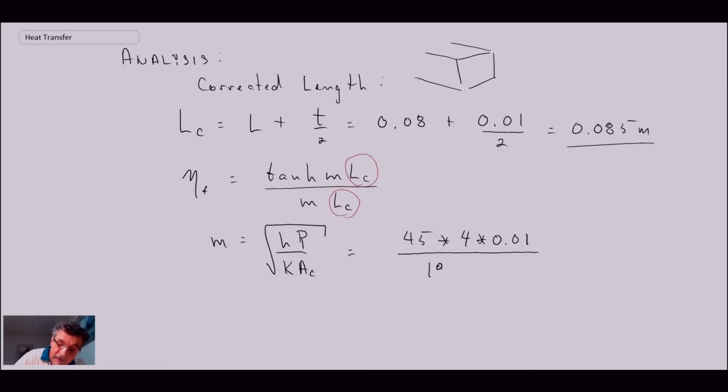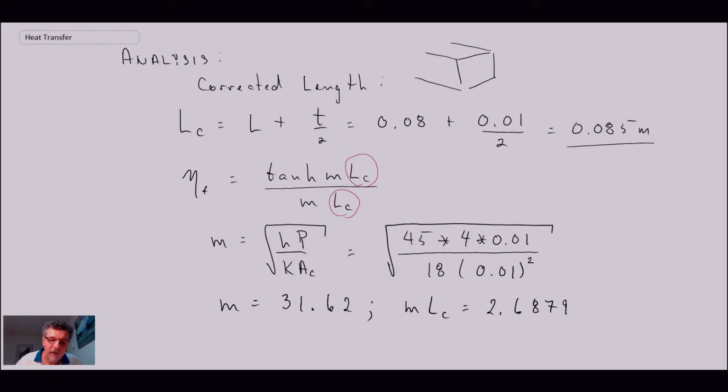Thermal conductivity was 18. And then the area is going to be 0.01 squared. And we take the square root of that. Okay, so there we have all the values that enable us to determine the fin efficiency.